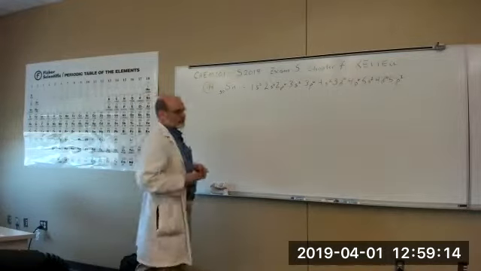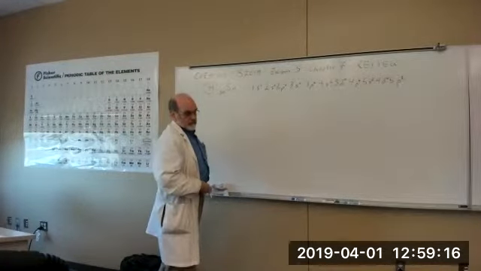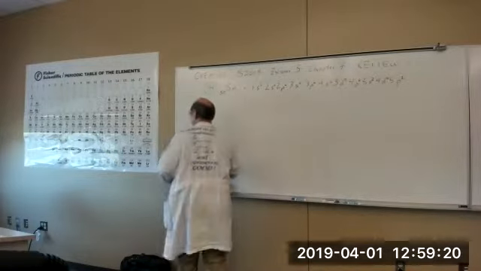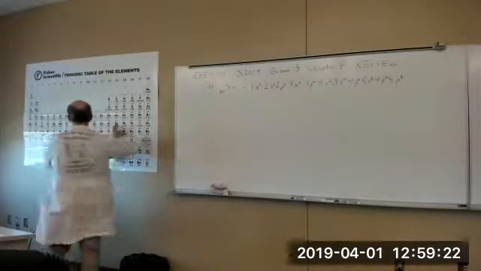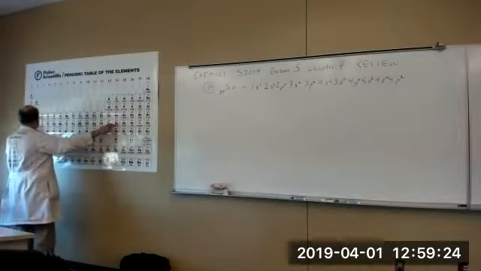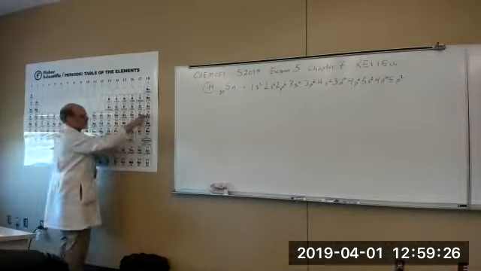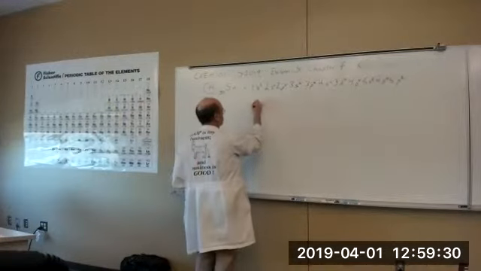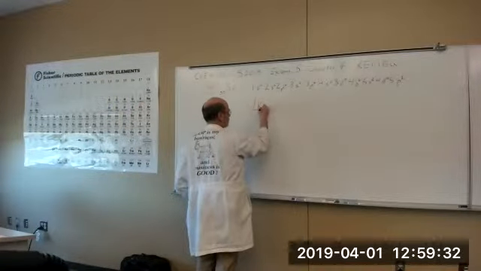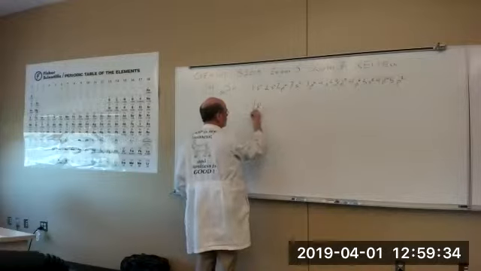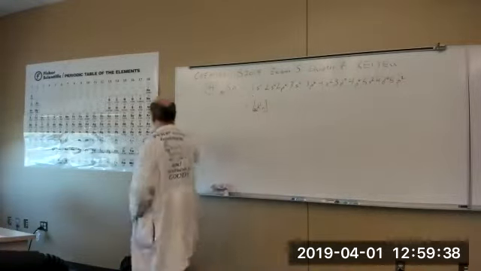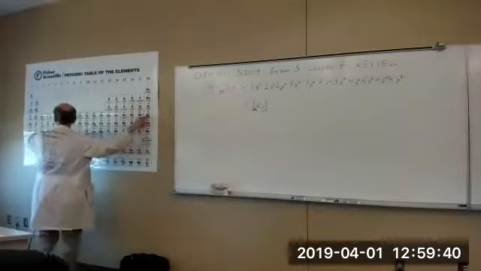If you're allowed to use the abbreviated form, then you go from tin and you go backwards until you get to your nearest noble gas. In this case, krypton, 36. Then you go here and start filling these.